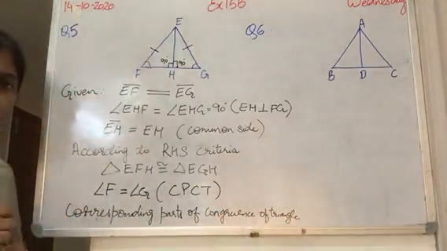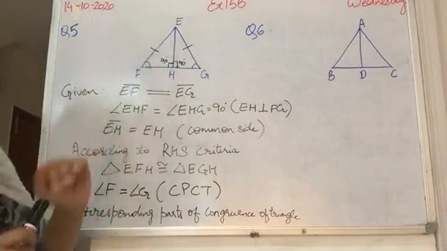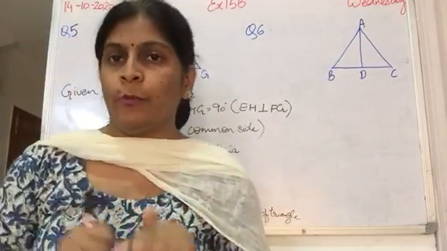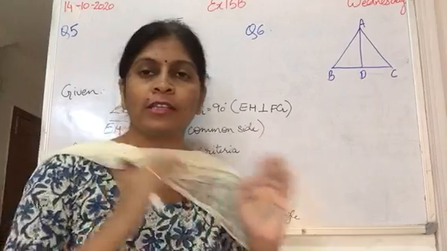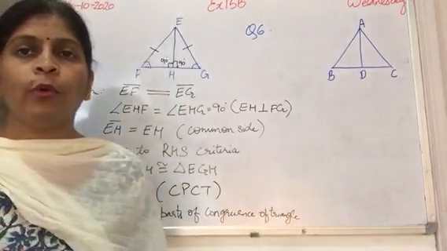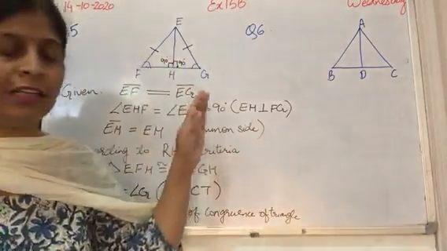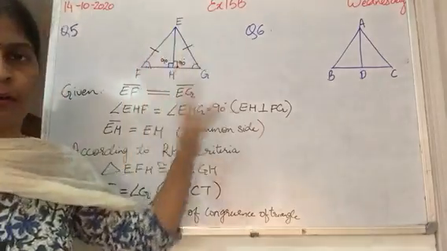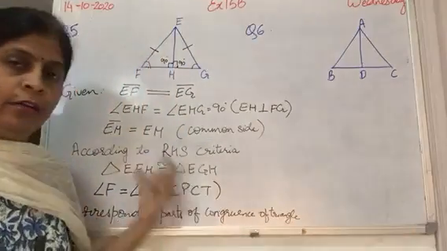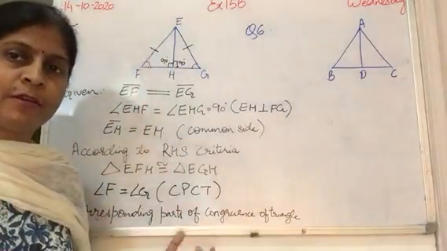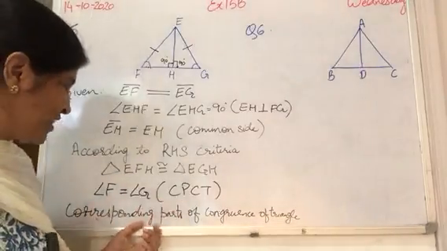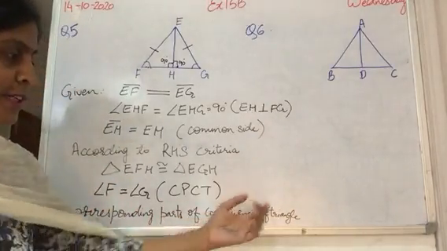Clear? So if any part is asked, whether this side is equal to this side or this angle is equal to that angle, you don't have to do anything special. You first prove that these two triangles are congruent, and then you write yes, they are equal because of CPCT. Clear? Now what is CPCT? Corresponding parts of congruent triangles.